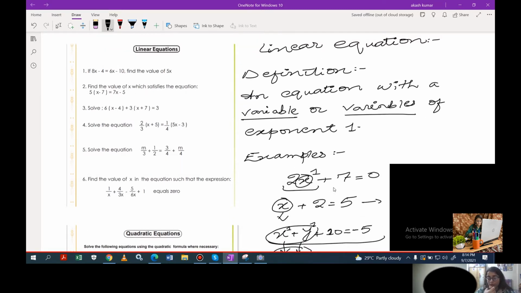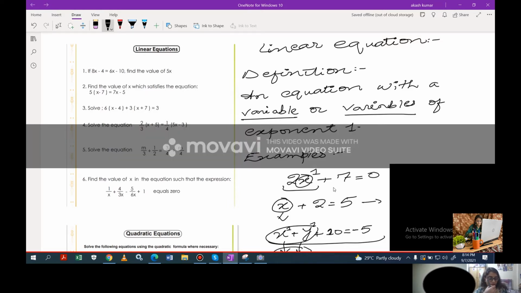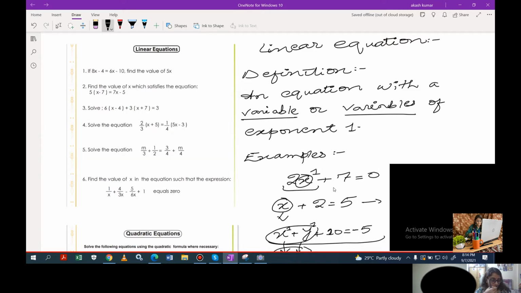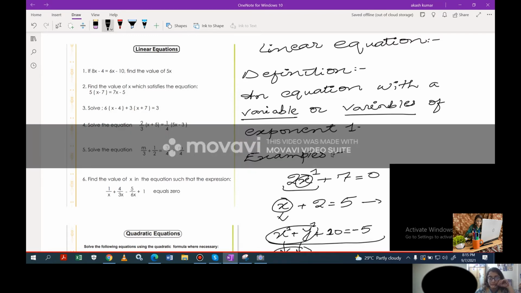Notes are really important. Okay, good. So I'm just erasing these things out.